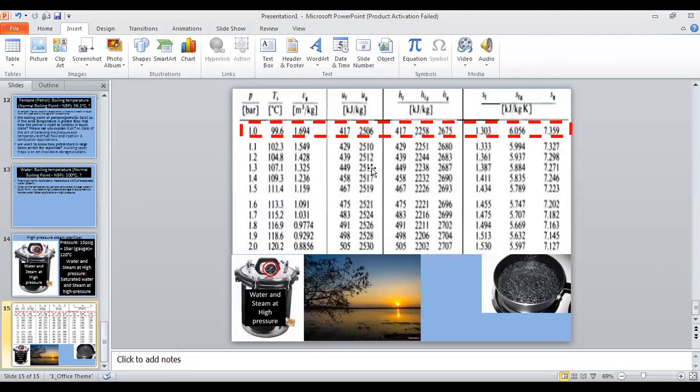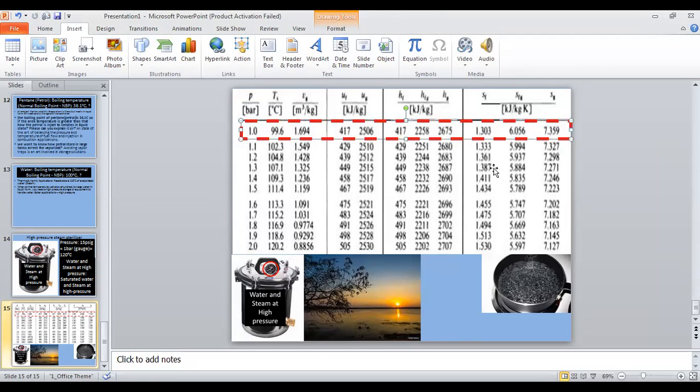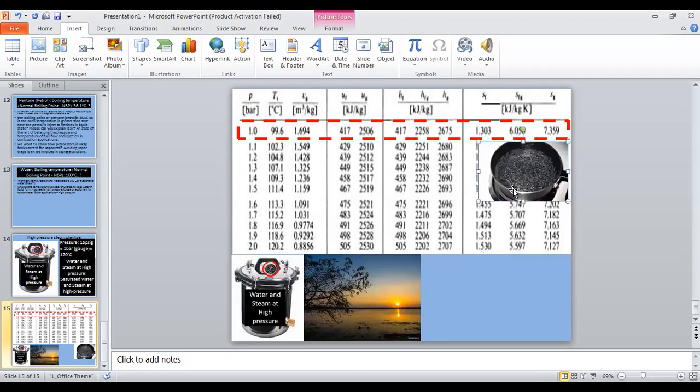Okay, this is the one. So this atmospheric condition, heating, is relevant to this. So I will just put it here.